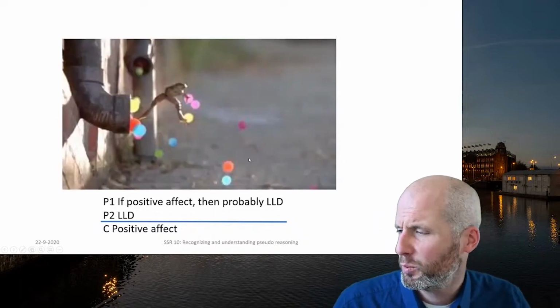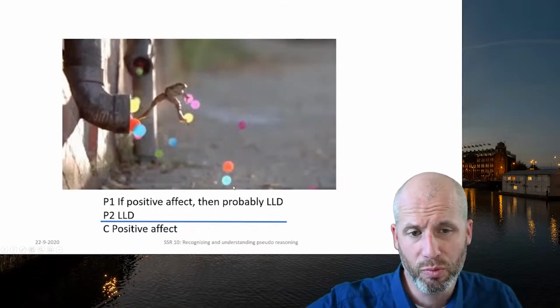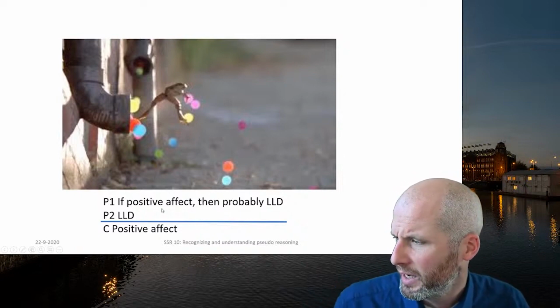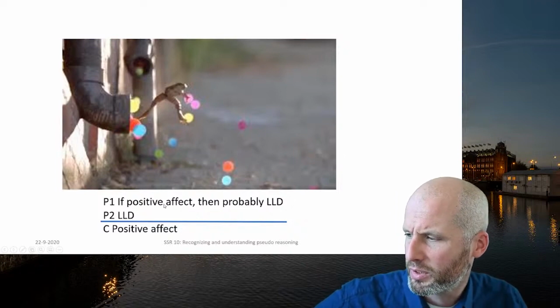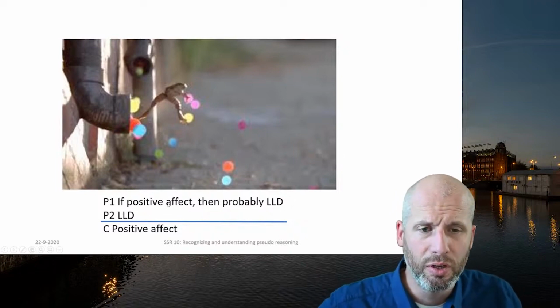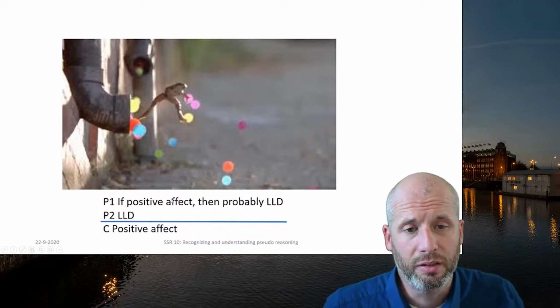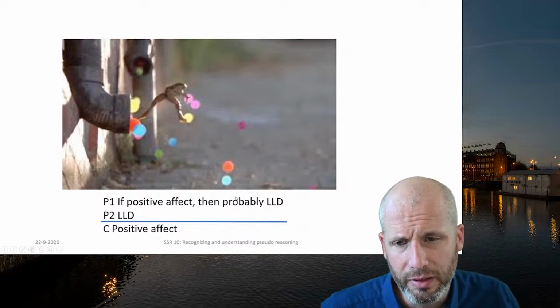And you can apply the same with the frogs and the bouncing balls, right? So we first analyzed this as a form of deductive reasoning, right? So if positive affect, then probably, and if positive affect, then LLD, therefore positive affect. But you can also translate that to an inductive form and say that if positive affect, then probably this form of brain activity.